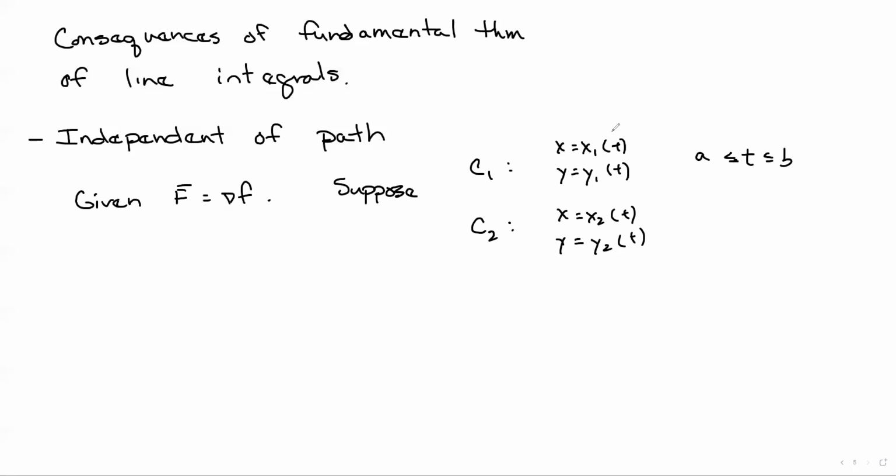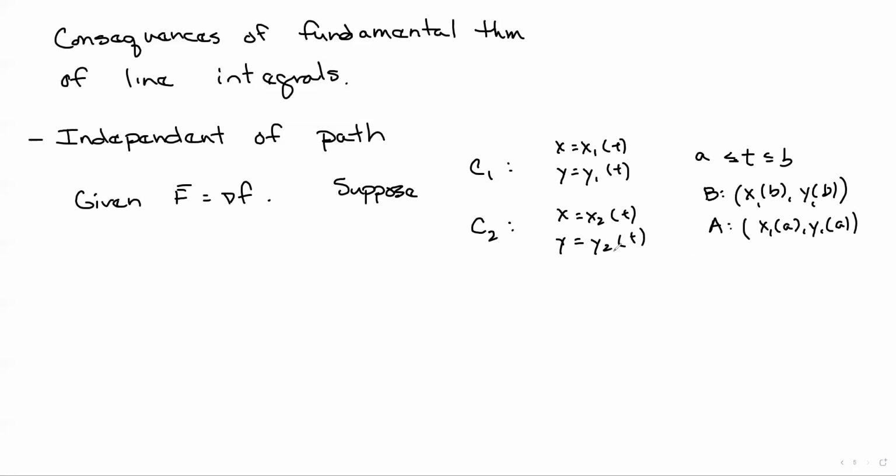And we know that the endpoints of curve 1 are going to be B, which is x1 of b comma y1 of b, and A, which is x1 of a comma y1 of a.